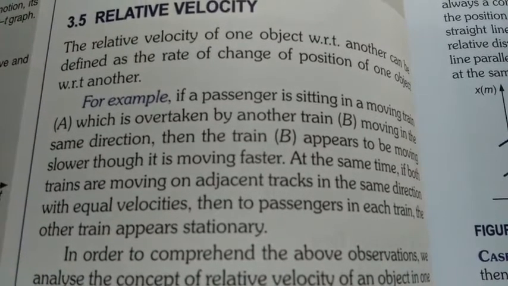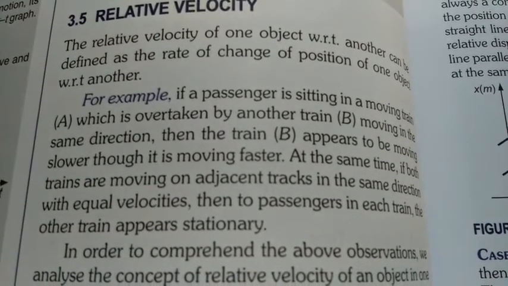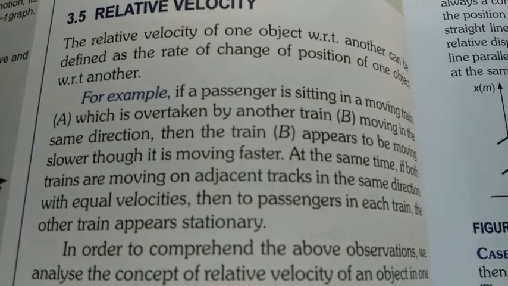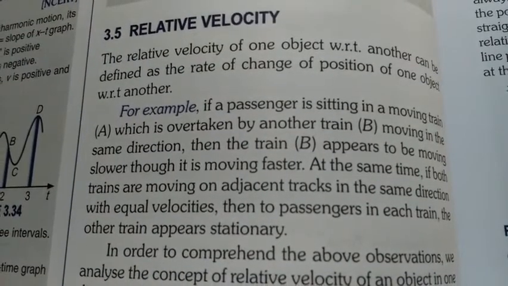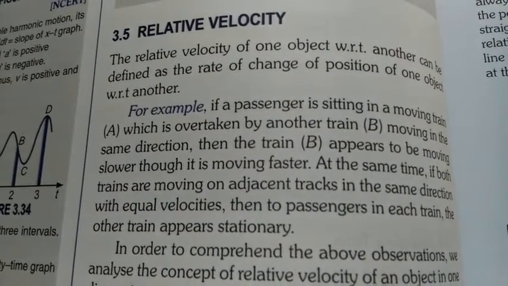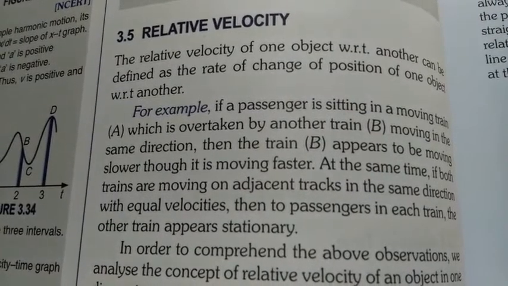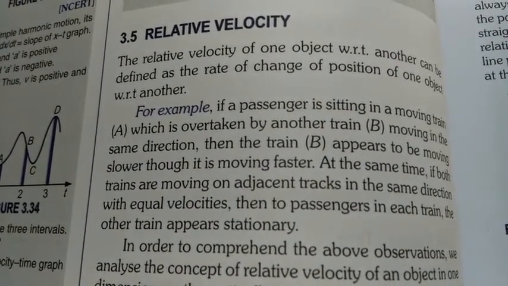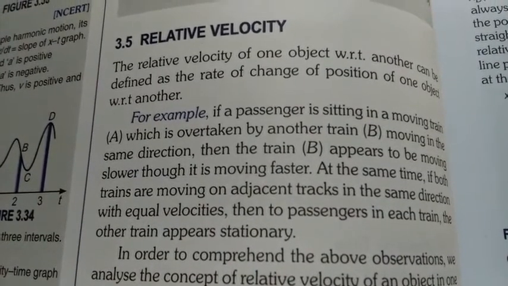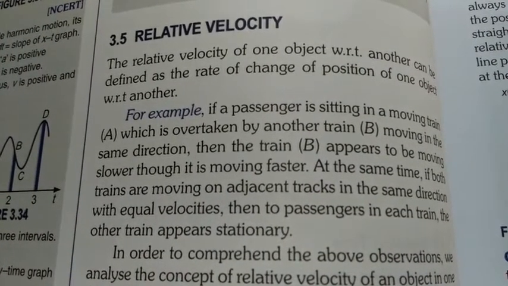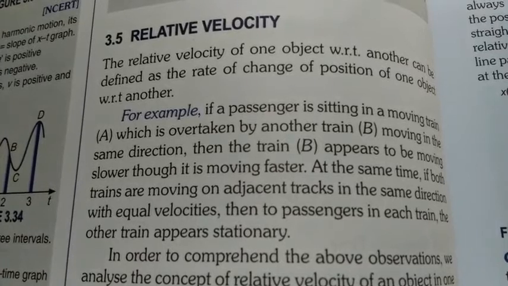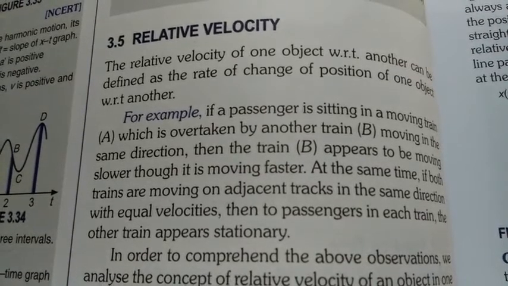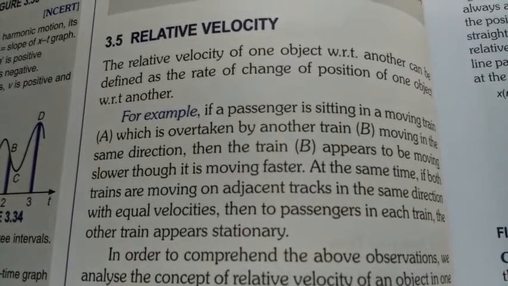That type of change in velocity is called relative velocity. Similarly, when two trains are moving parallelly, two persons are running parallelly, or two balls are moving together, when we compare the velocities of both the moving objects, that is called relative velocity.